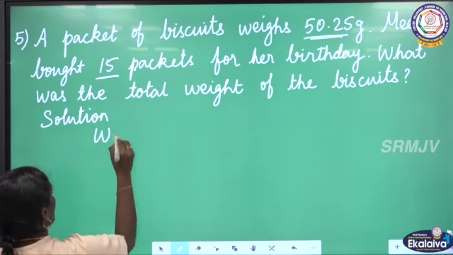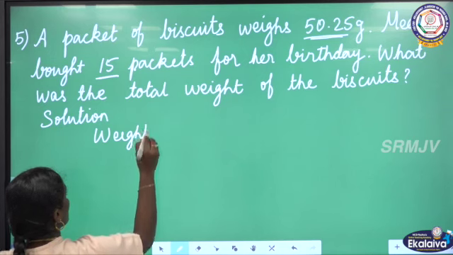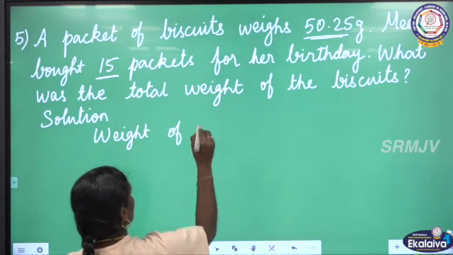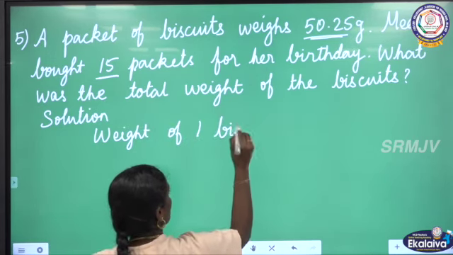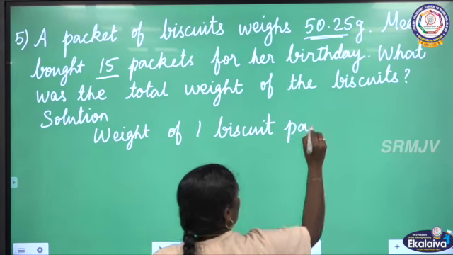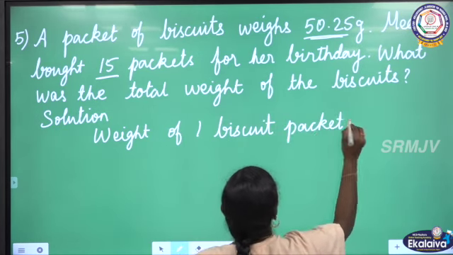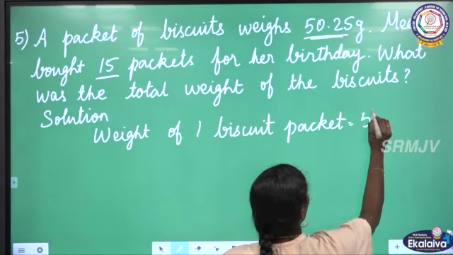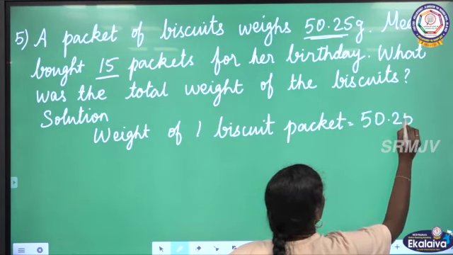Weight of one biscuit packet is equal to 50.25 gram.